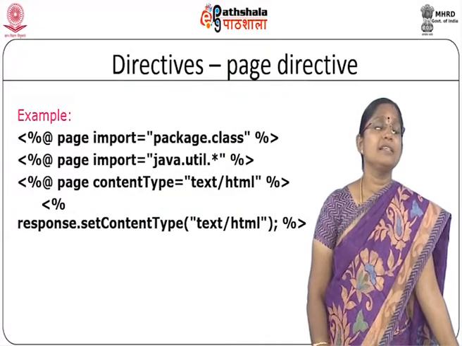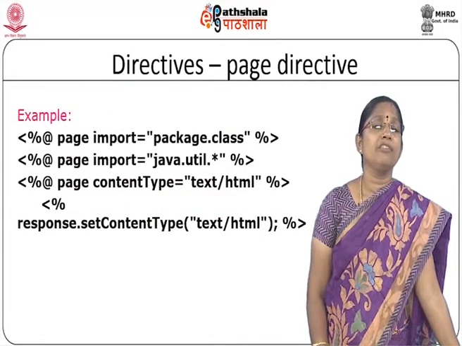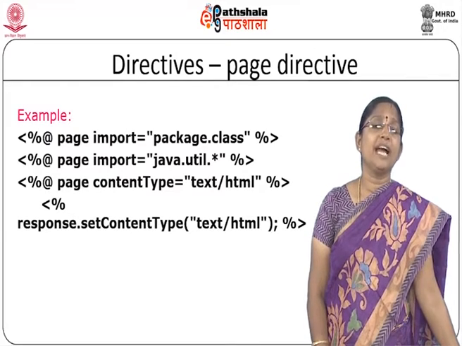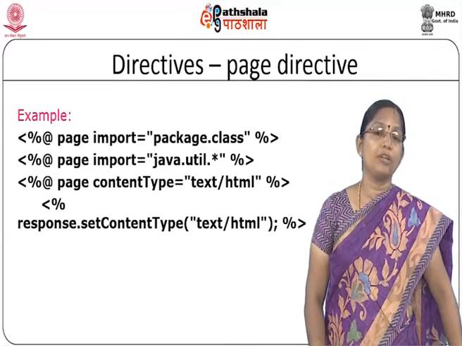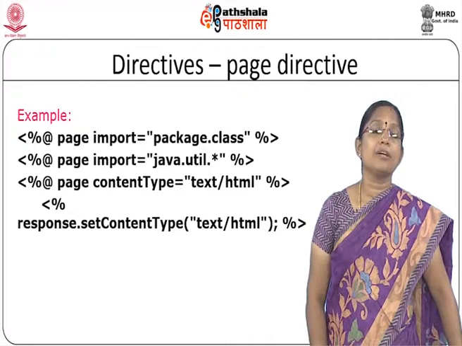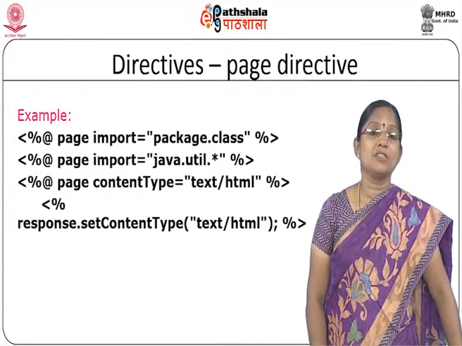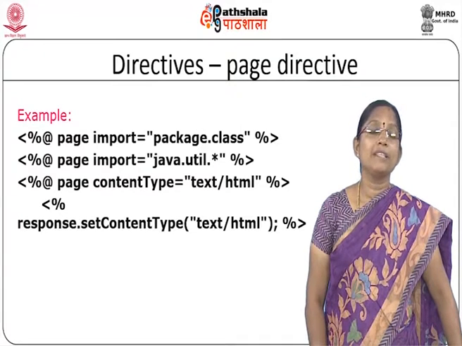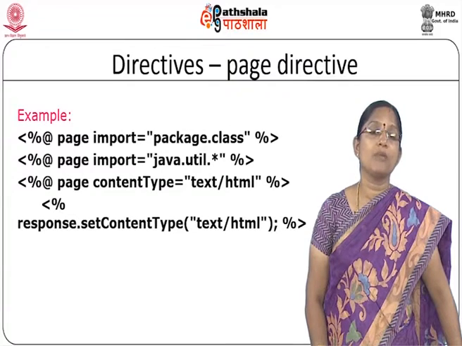Now, you can see some examples. For the page directive, one of the attributes is the import attribute. Suppose I want to import a particular package, java.util, into my JSP page, then I can use page import is equal to java.util.